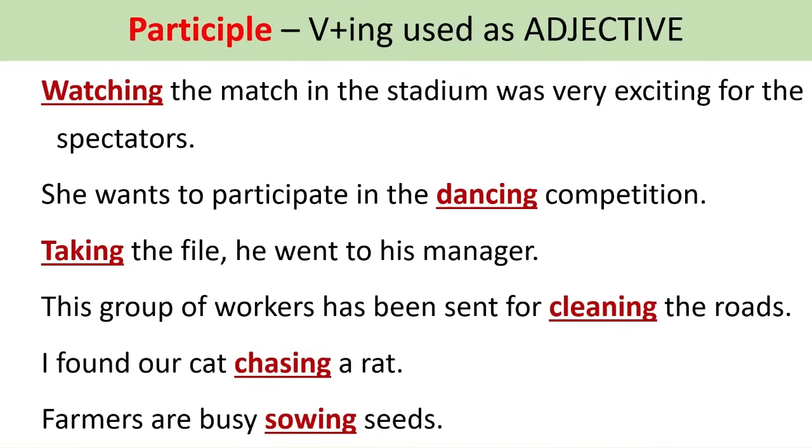Participle is the second variety. Now in participle there are two types. So I have made two different slides, but the function is just the same. Participle is used as an adjective. It might be a present participle, or the next slide will show you it might be the past participle.